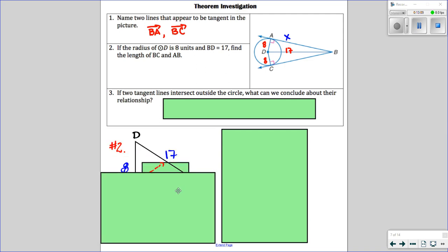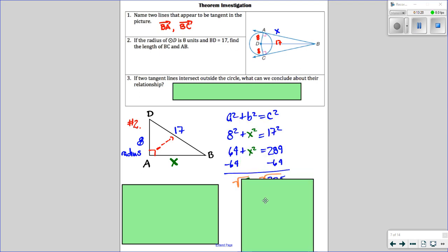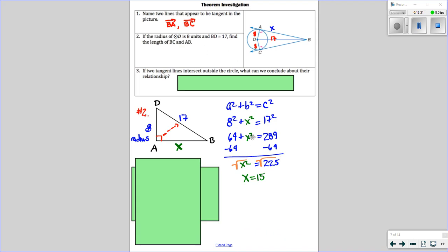So let's look for AB. Let me move this out of the way. I just drew the triangle, and I'm looking for AB, which is X, because that's the unknown. We know that 8 is the radius, and 17 is the hypotenuse because it's opposite the 90-degree angle. So I'm going to be using the Pythagorean Theorem and solve for the missing side.